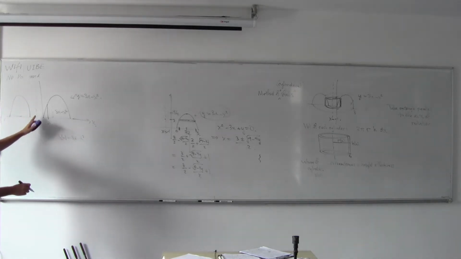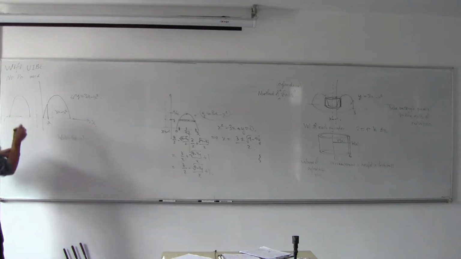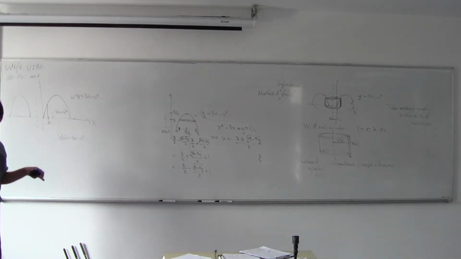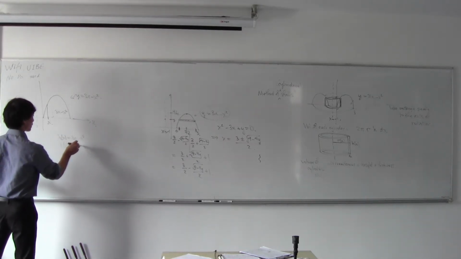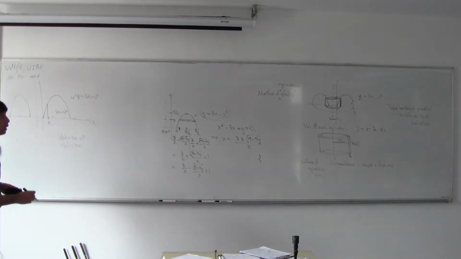What's the radius of the cylinder? Somebody said it: x plus 1. The radius is going to be x plus 1. And that's it.